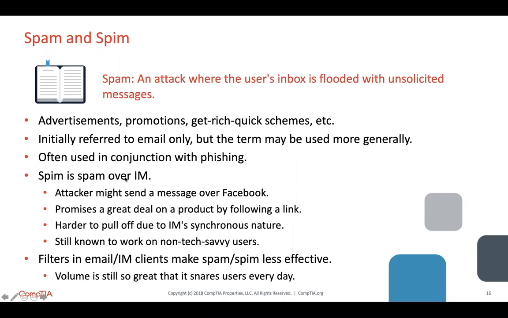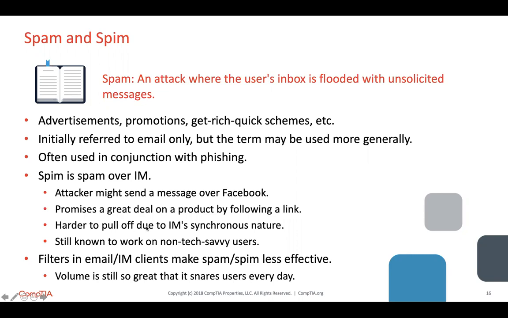And spam is spam over IM. So you see a lot of this. A lot of people on Facebook Messenger get a link, and then all of a sudden they're posting stuff up to other people's timelines or their own timeline with links to either something malicious or trying to lead someone to a site to purchase things.